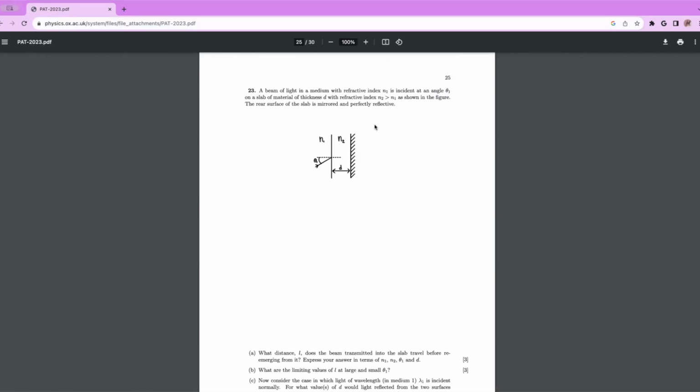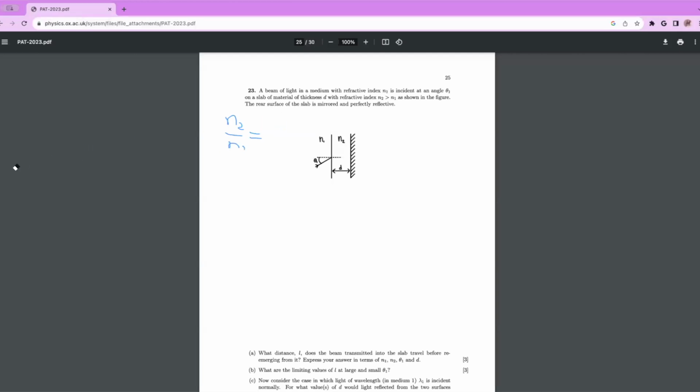n2 is greater than n1, right? I'm not very good at refractive indices, so I'm going to assume this. I think there should be another factor in there.